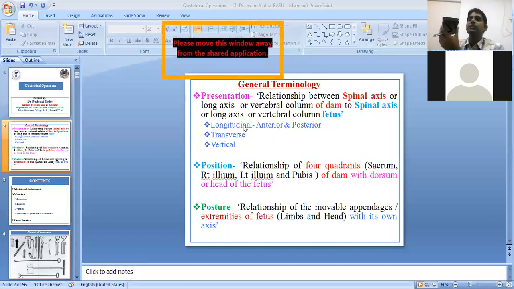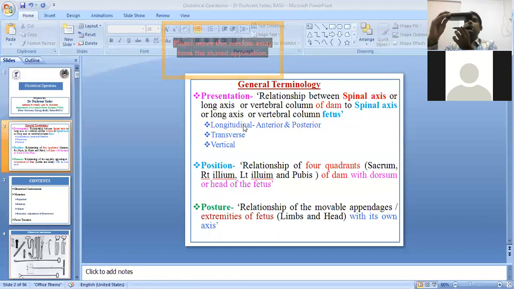That is longitudinal presentation, when the spinal axis of the dam and the spinal axis of the fetus are parallel to each other. You can see that they are parallel to each other. It is called the longitudinal presentation.